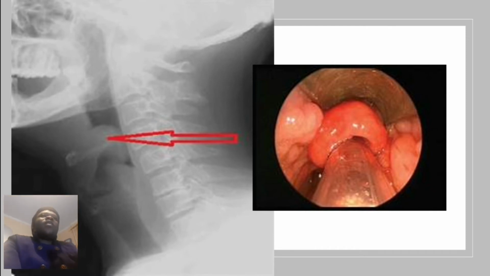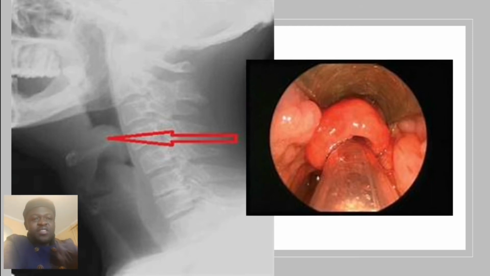There's another sign called a steeple sign. Steeple sign is usually found in croup. Croup is caused by paramyxovirus. Again, there's a link on the top right corner. We covered this virus, right? It causes steeple sign. And then thumb sign, H flu, Haemophilus influenzae.